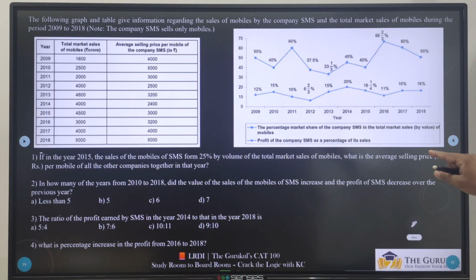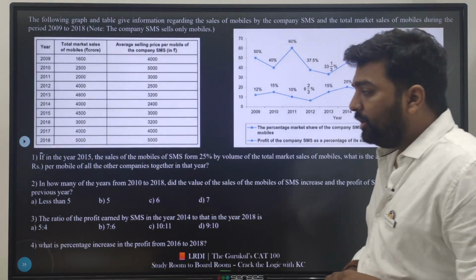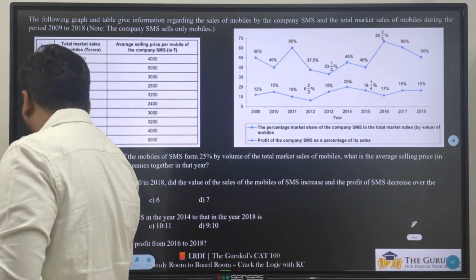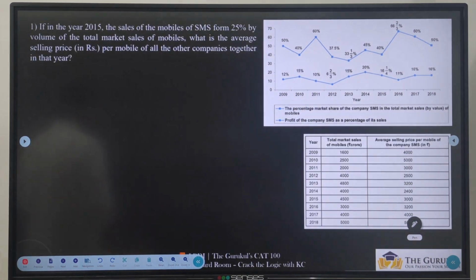One line is talking about the percentage market share of the company SMS in the total market sales by value of mobiles. Second one, profit of the company SMS as a percentage of its sales, and we have 4 questions following that. So let's look at each question separately and try to solve and see what is happening.